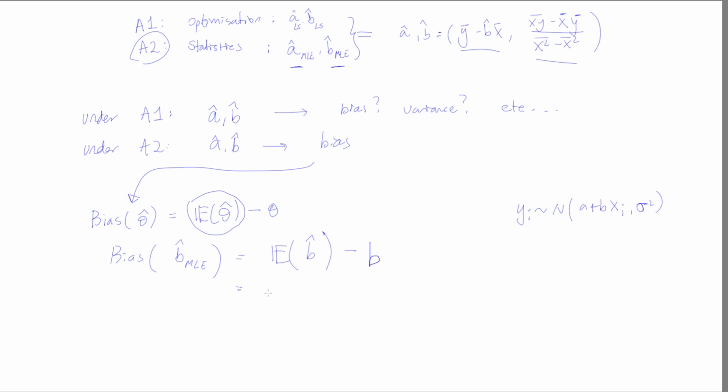To do that, we need to plug in the value of B hat. Now this looks kind of scary, but it's actually very simple. Remember what our assumption on x is: x is fixed.